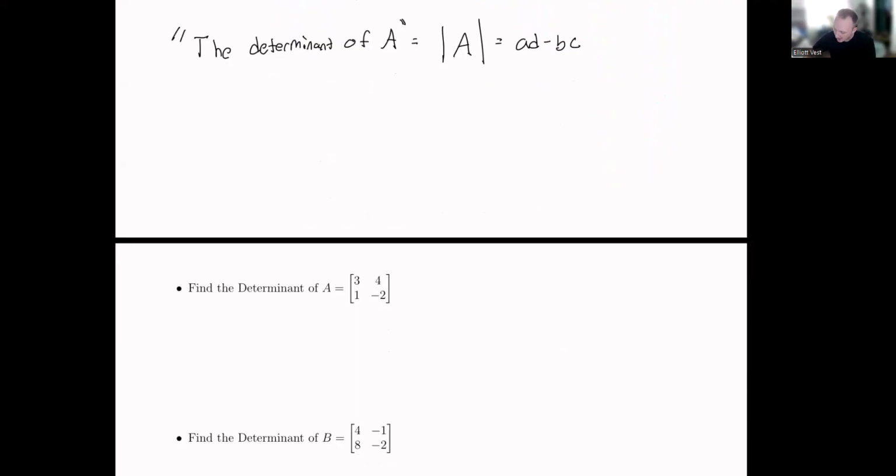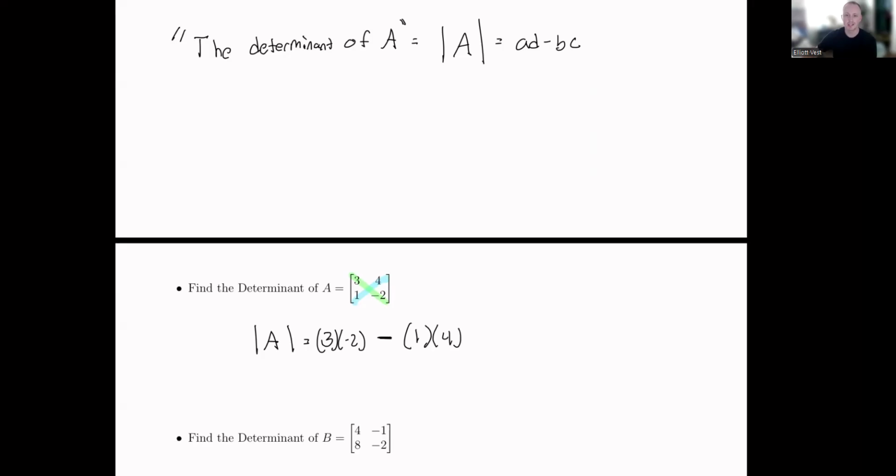I'm going to say I have A is this matrix. The determinant of A is this diagonal minus the next diagonal. So I just do that. I have 3 times negative 2 minus 1 times 4.